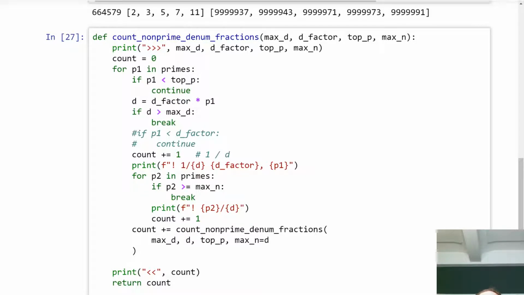Well, I'm counting the numerators which are prime for all of the unique factorizations of numbers in the denominator. So I'm only counting every number in the denominator once. Well, that's the idea at least.